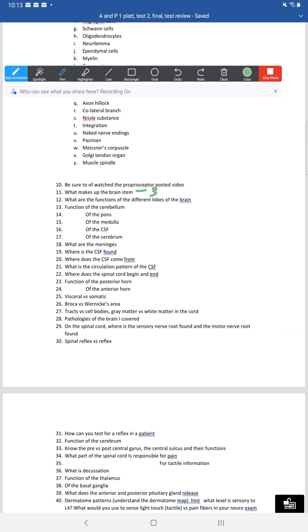Anyone? The midbrain, pons, and medulla oblongata.